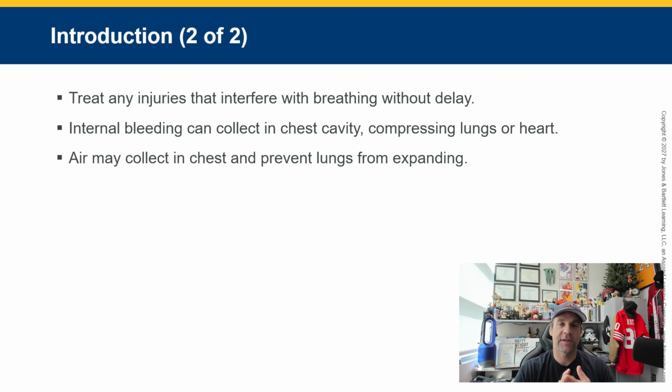So, two major hidden problems are really important. Blood can collect inside the chest cavity after an injury to lung tissue, organs, or those major vessels. The blood may compress the lung, reduce the space for ventilation, or even place pressure on the heart itself. Air can also enter areas where it doesn't belong, particularly the pleural space around the lung.